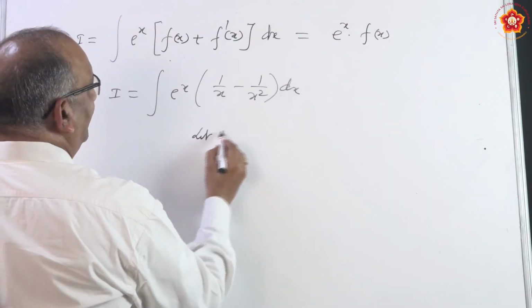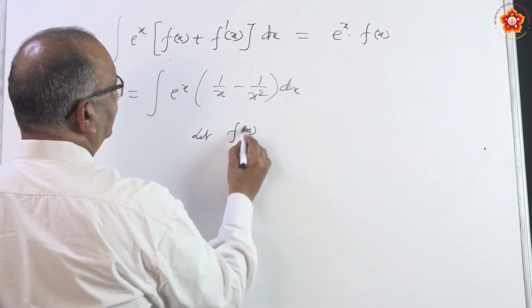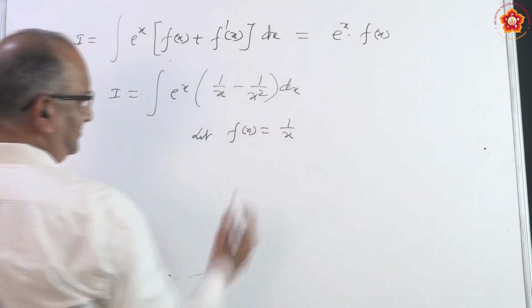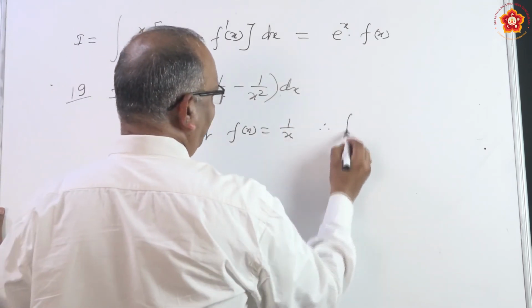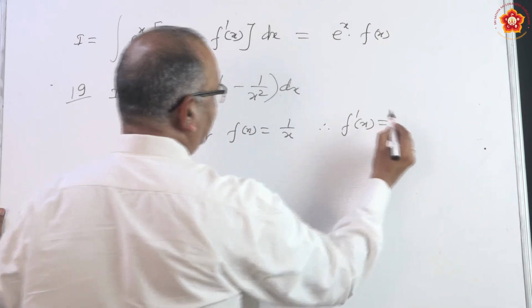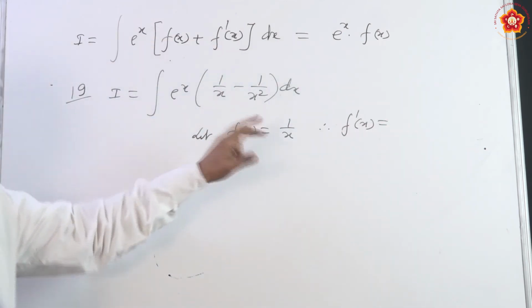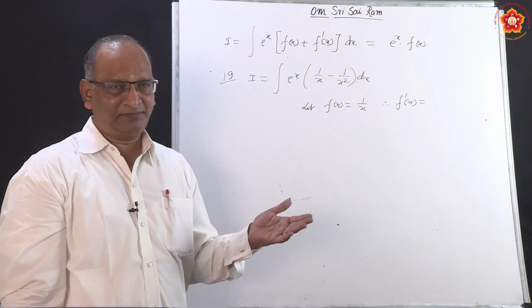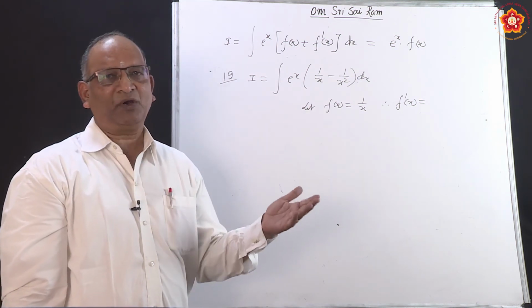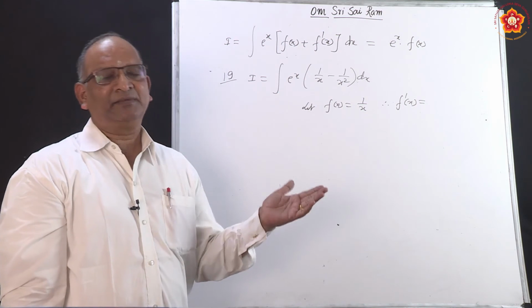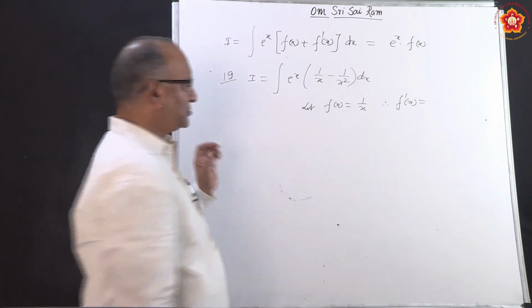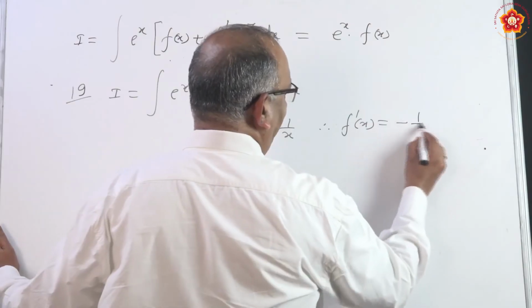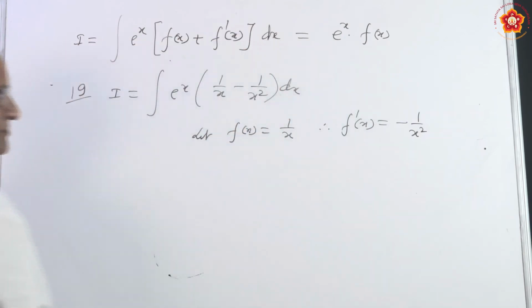Let f of x equal to 1 by x. Now tell me, what is f dash x? What is the derivative of 1 by x? How do you find the derivative? We take it to the numerator. We say x to the power minus 1. What is the derivative of x to the power minus 1? Minus x to the power minus 2. So, it is minus 1 by x square. So, what do you find?